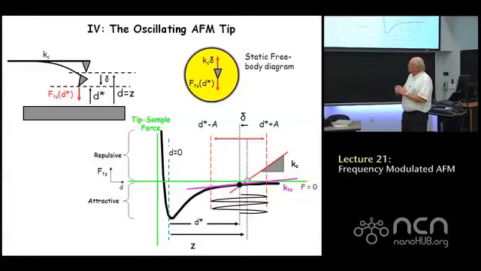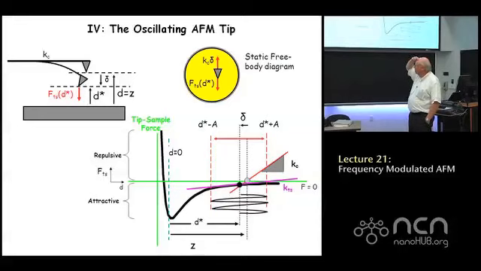And now the new feature that we're going to add to this standard problem is we're going to impose an oscillatory motion on the tip once the cantilever has achieved its equilibrium position, as indicated by that black dot on that slide.